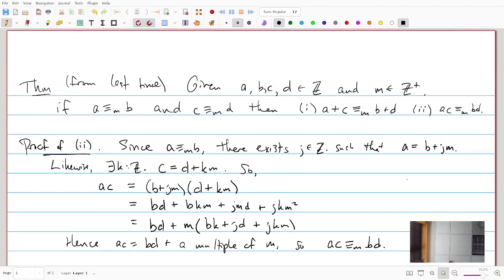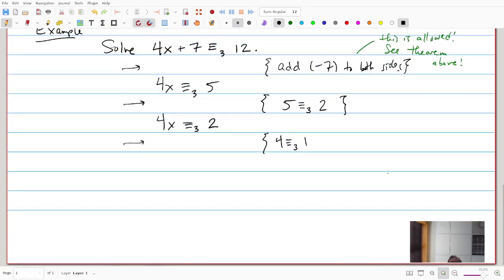If 4 is equivalent to 1, and x is equivalent to x, then I can say 4x is equivalent to 1x, because I'm always allowed to multiply. So that means I can just replace this by x.